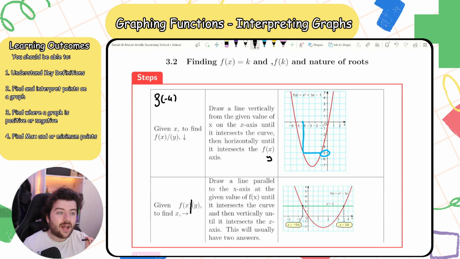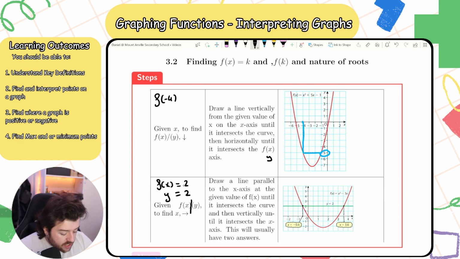We now draw a line horizontally, right? So for example here, this could be find when f of x equals 2, right? Or it could ask us when y is equal to 2. This 2 is outside my bracket, so it's an output. If it's outside the brackets, it's an output, right? So f of x equals 2 or y is equal to 2.